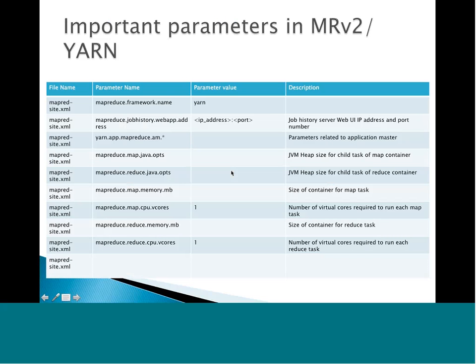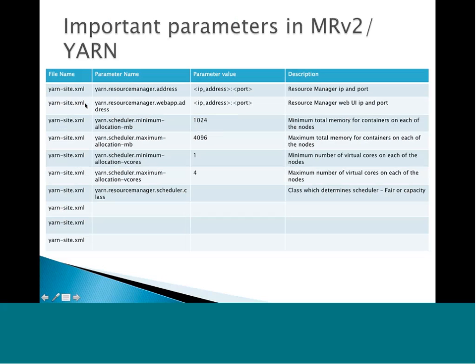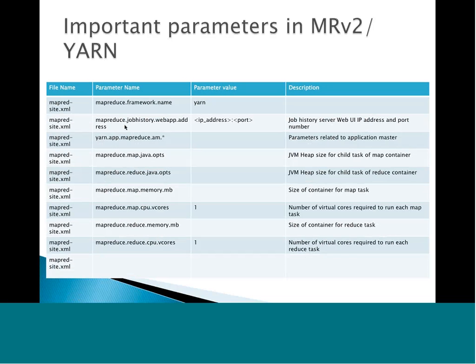So when it comes to parameter files, we have two files. One is mapred-site.xml and the second one is yarn-site.xml. So yarn is the framework to monitor the resources and submit the jobs, and MapReduce is the one which will come into picture to actually execute the job in the form of map tasks and reduce tasks.